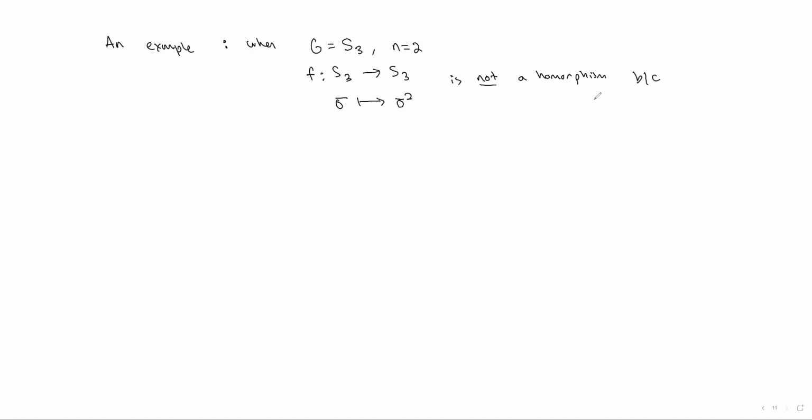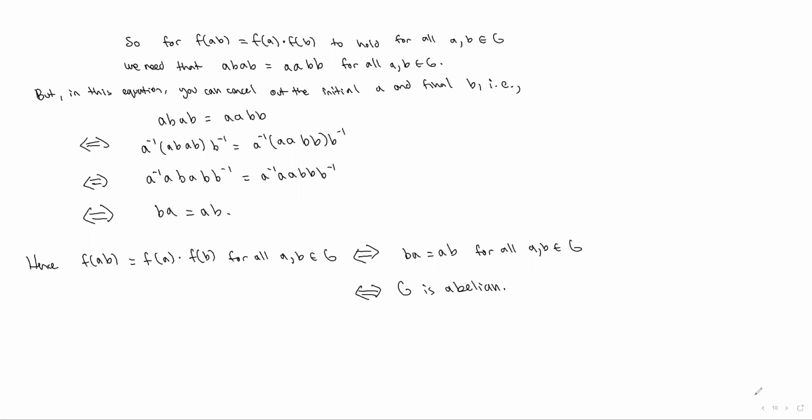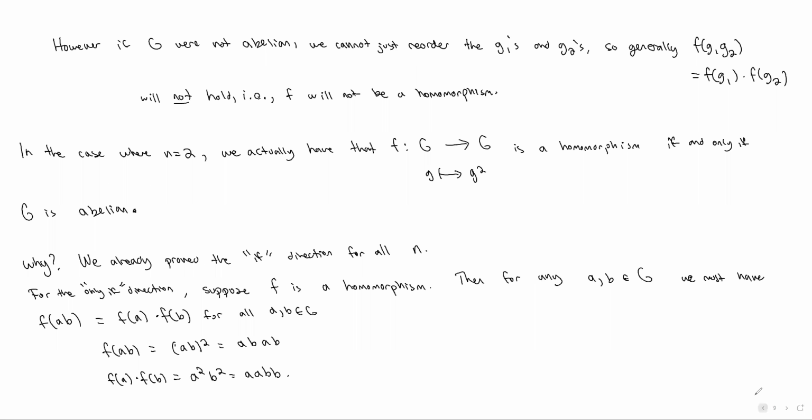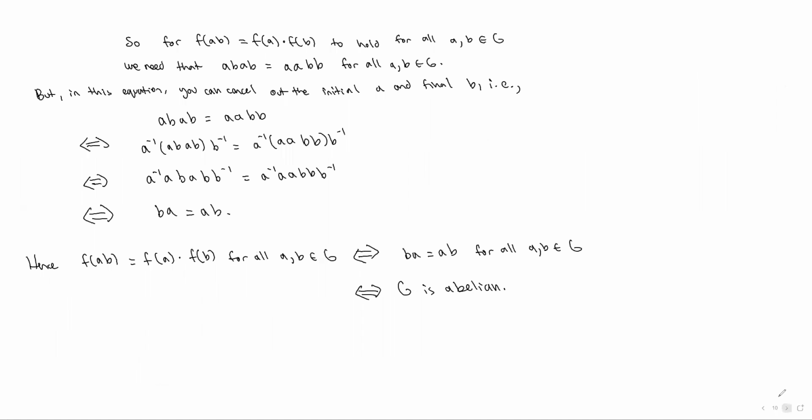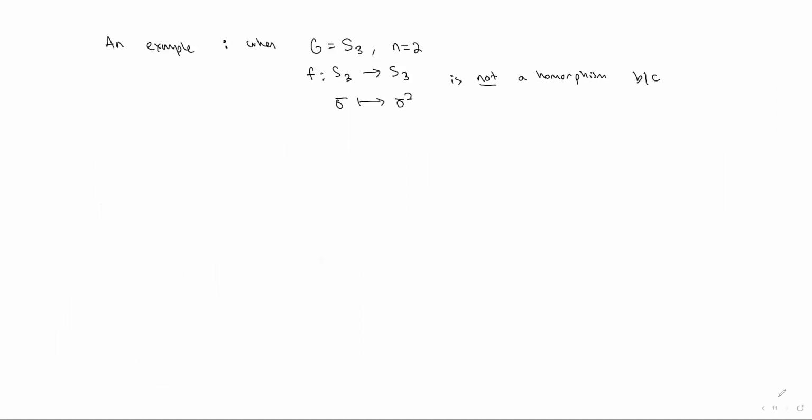By the way, I should say this is not the kind of result you would need to remember. You don't need to remember that g goes to g squared is a homomorphism if and only if G is abelian. It's more of a result just to test your understanding of group theory, but it's not unlikely to be applicable to specific problems.